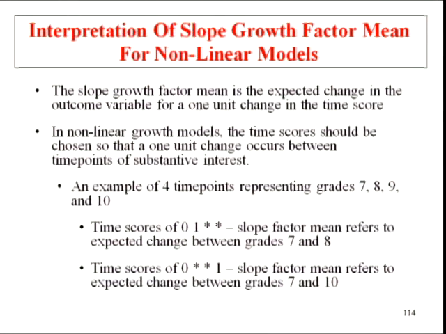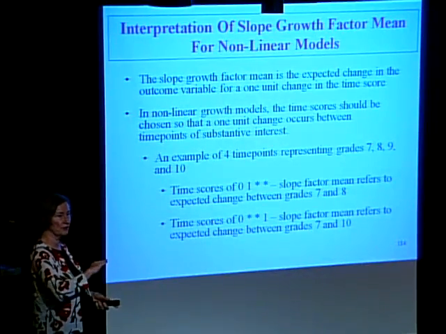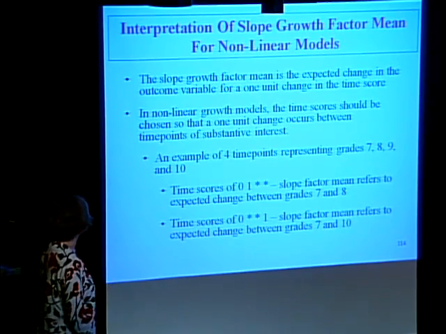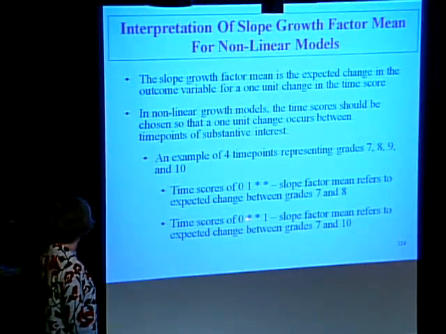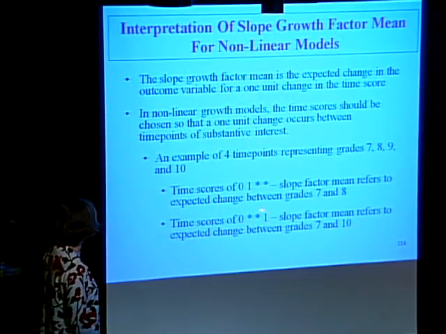So if you choose to use free time scores, which is a good way of capturing acceleration or deceleration, just remember that when you interpret the slope growth factor, it doesn't apply over all time points. It only applies between the 0 and 1.